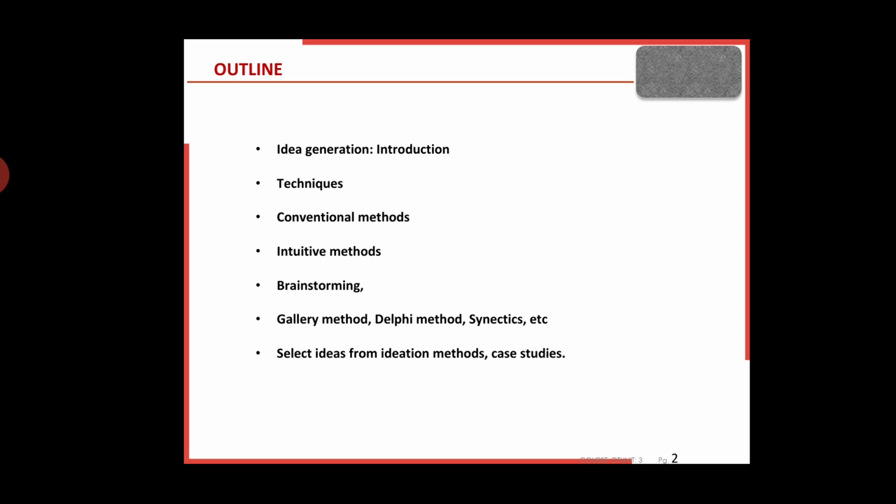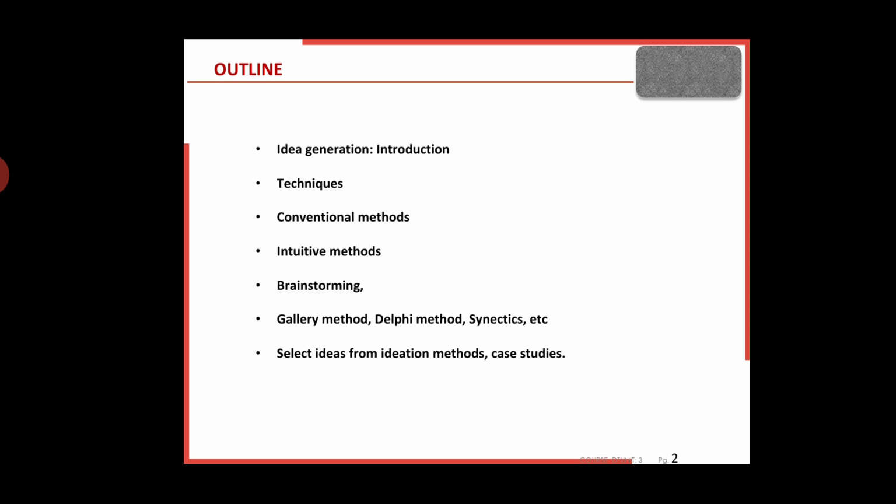Intuitive methods include brainstorming, gallery method, Delphi method, synectics, etc. We have 14 intuitive methods. These are important topics covered in the third unit.